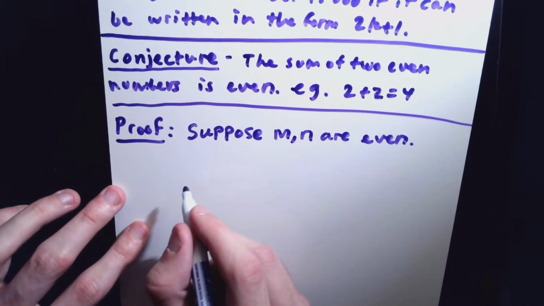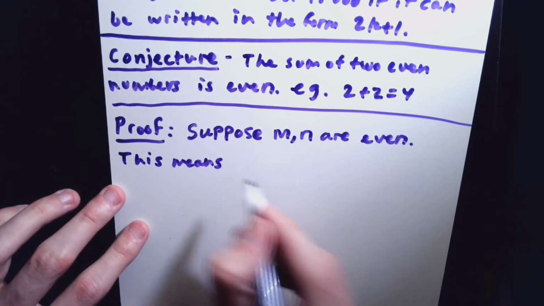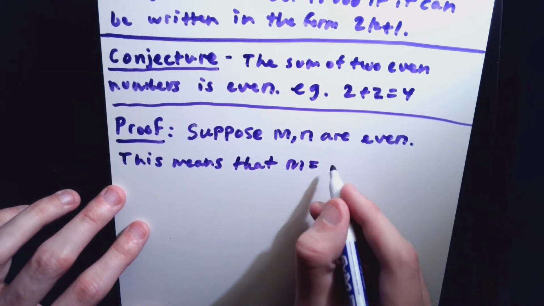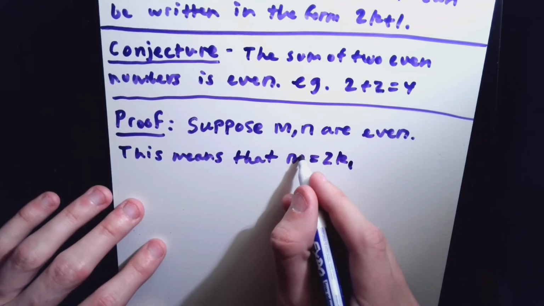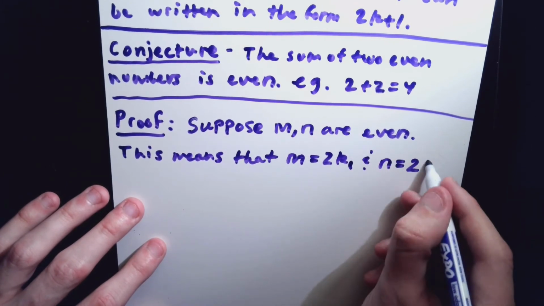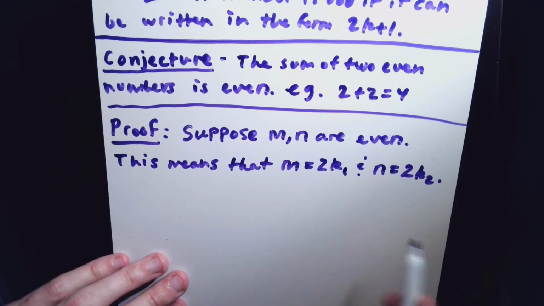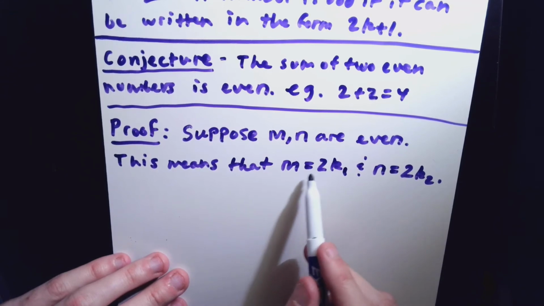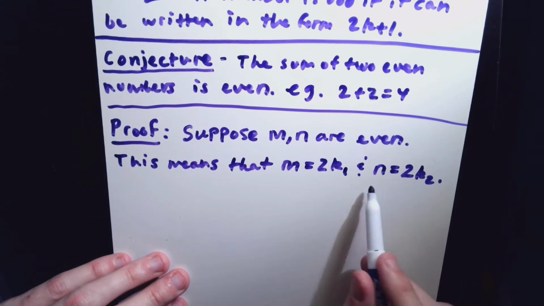Now, this means that m is equal to 2k, and I'm going to use a subscript to distinguish, 2k1, and n is equal to 2k2. So we have expressed m as an even number because that's what it is. This is just the definition of being even. And then we've also expressed n as an even number.